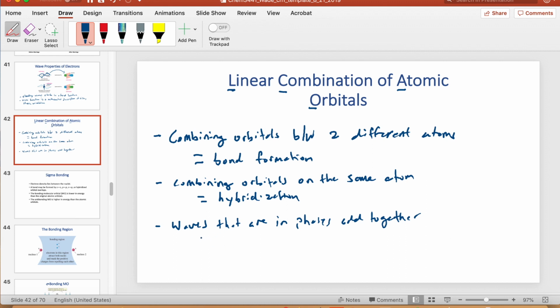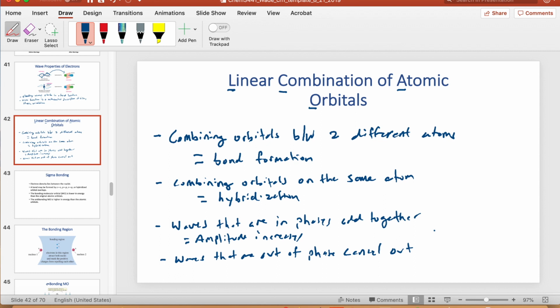In this case, this would be a constructive addition, so the amplitude increases. And then, of course, waves that are out of phase cancel out. This will be a destructive addition. All right, so let's see how this comes into play.